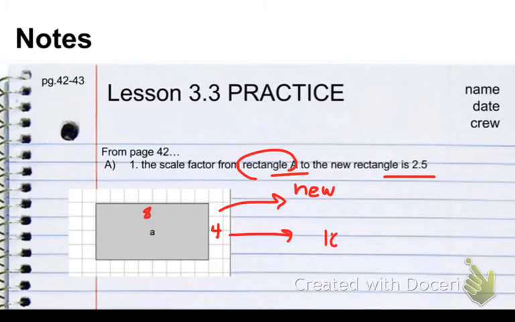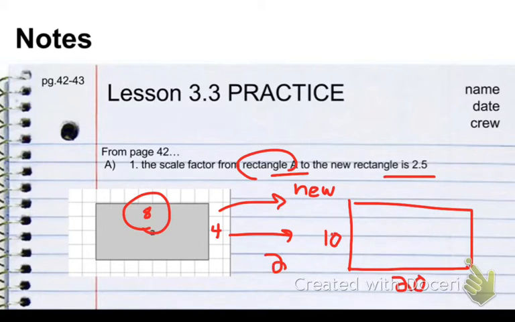So I would have a 10 tall by, well, how wide? Going from 8, 2 times that would be 16, plus another half, and half of 8 is 4, we would get 20. So 2.5 times 4, 2.5 times 8, and we get our new sides.